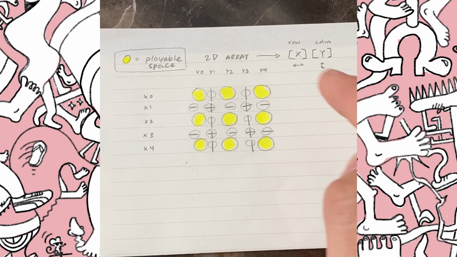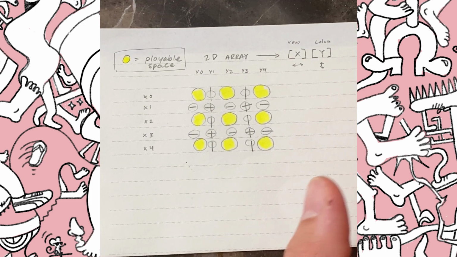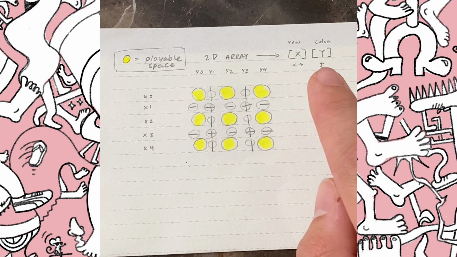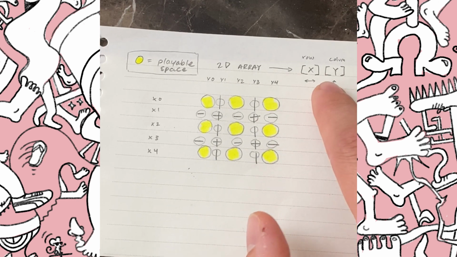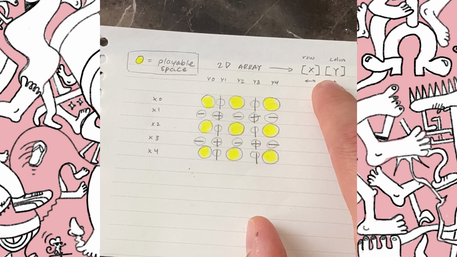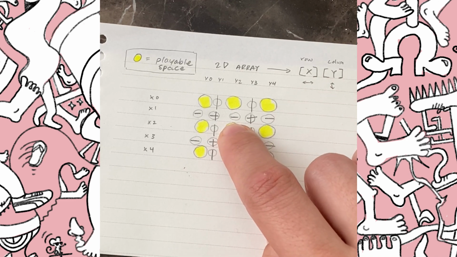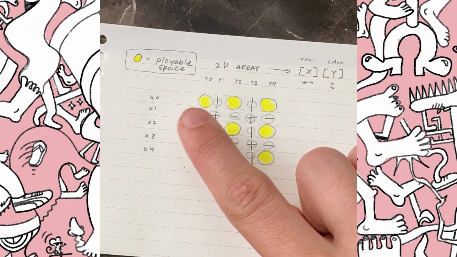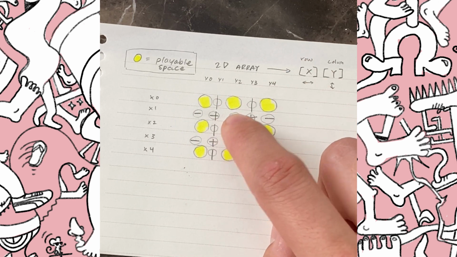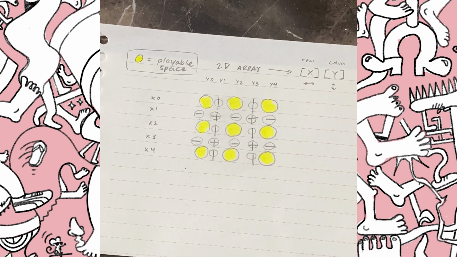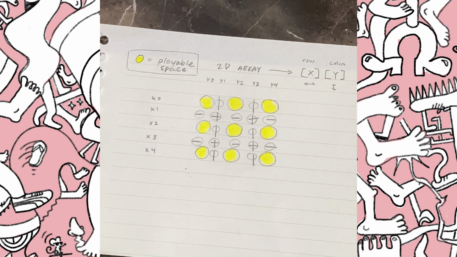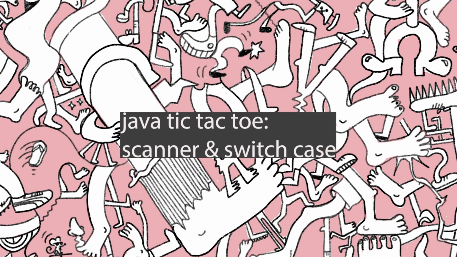That's the syntax we're using, and we need this because when we do the switch case, it's going to reference a point on the board. So if you choose area number 5, it will use coordinates 2,2, so it knows where to go. I just thought I'd clear that up before we get into the nitty gritty. Let's code.